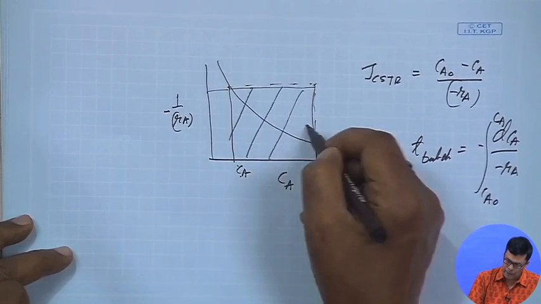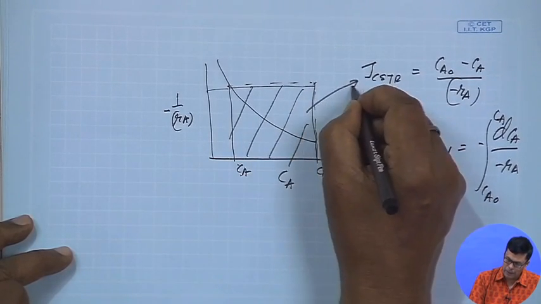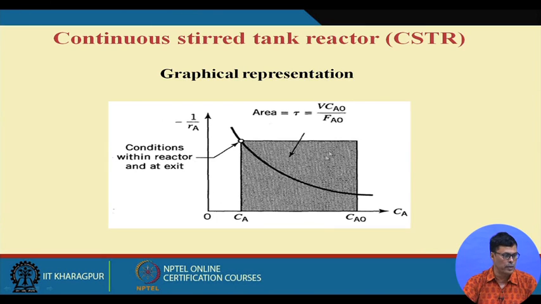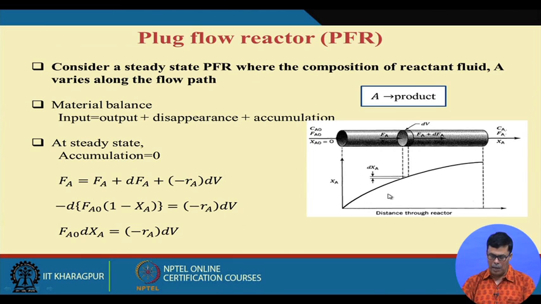The area of this rectangle is nothing but tau CSTR. This is how it has been shown in this figure: when you plot minus 1 by RA versus CA, graphically you can easily calculate the space time. Okay. Now let me talk about the plug flow reactor.